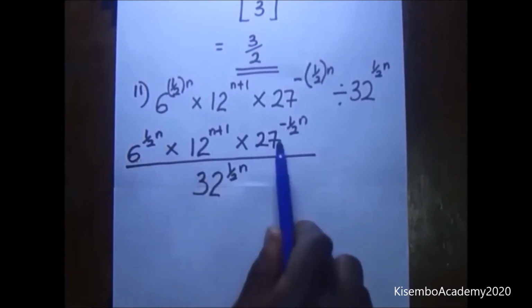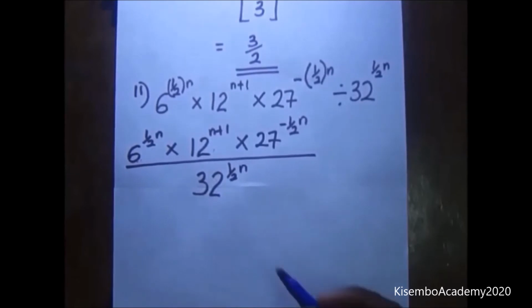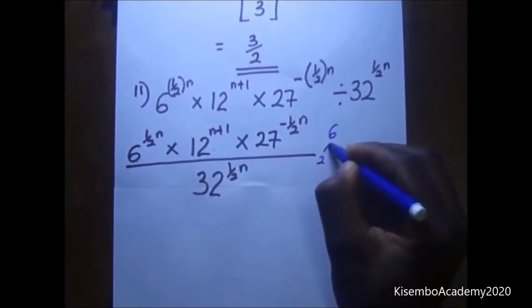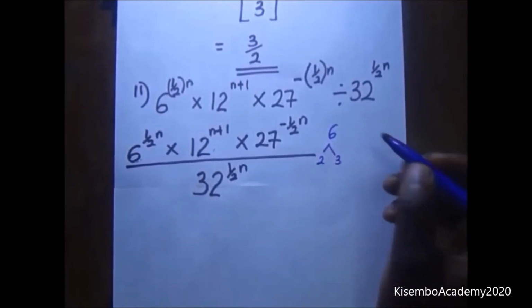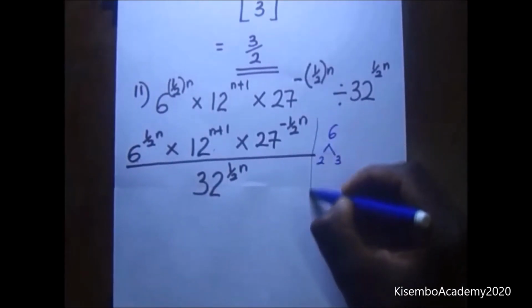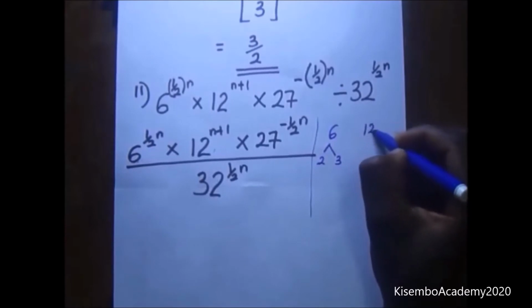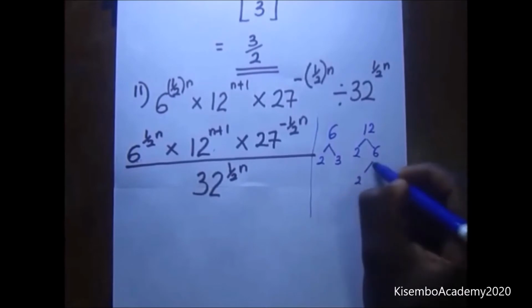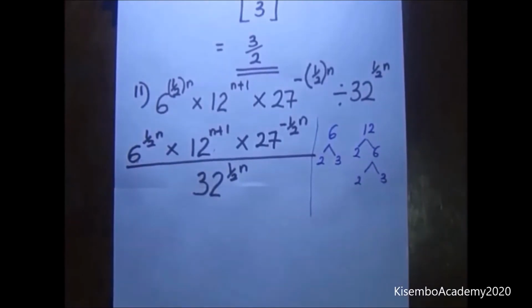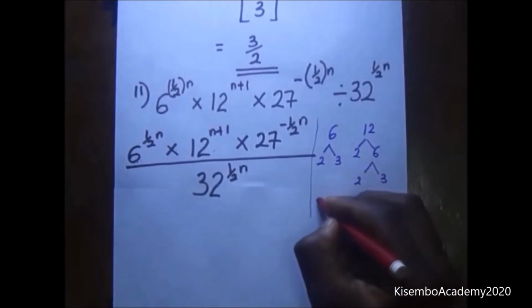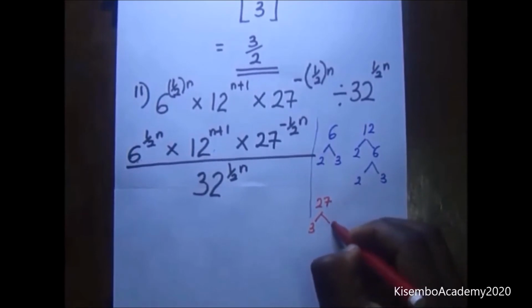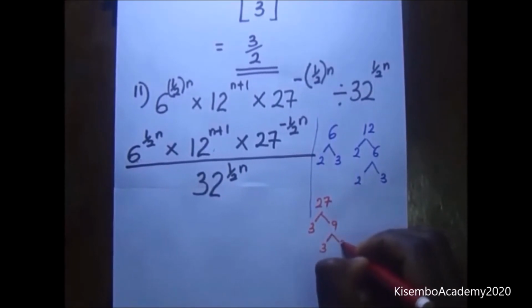We prime factorize these digits because they are big, and we obtain small digits. So for 6, 6 divided by 2, we get 3. This is side work. 12 by 2, we have 6, by 2, we have 3. Then for 27, we have by 3, 9 by 3, it is 3.